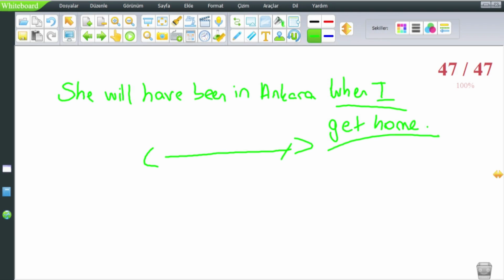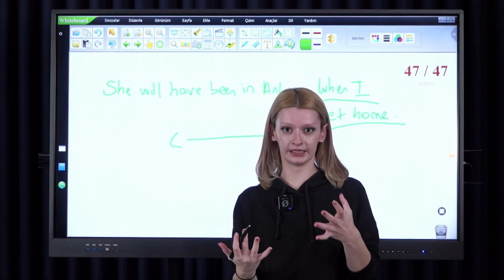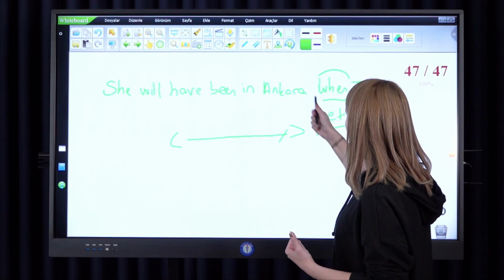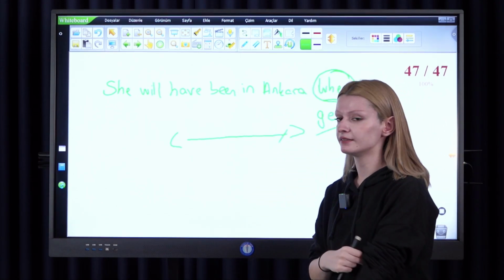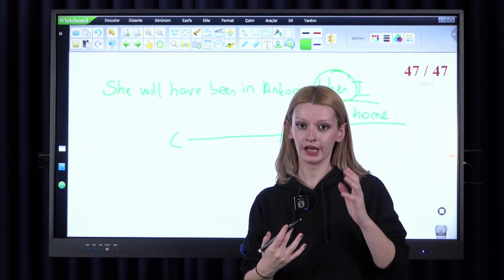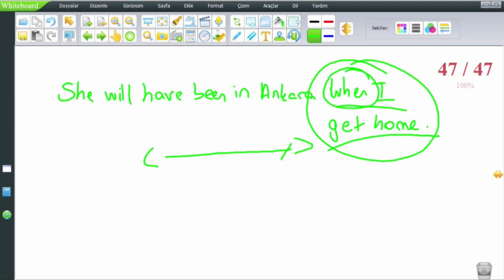We can also give the time expression meaning using a sentence that is built with when or by the time. It gives the same meaning. We have a time limit with this sentence here, when I get home. So my limit is here. This is now.